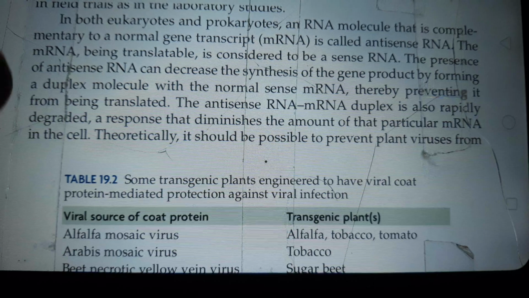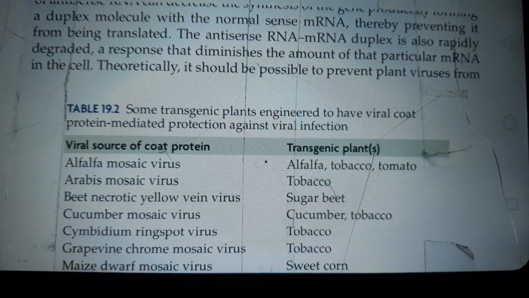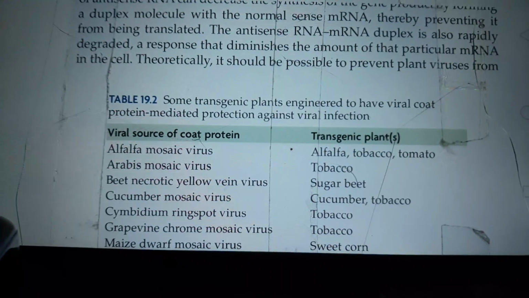The antisense RNA-mRNA duplex is also rapidly degraded, a response that diminishes the amount of the particular mRNA in the cell.